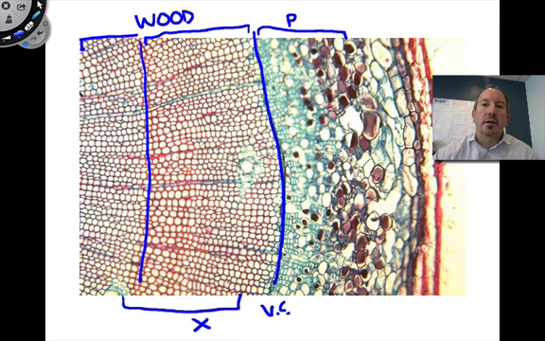And then over here, hard to see it, but right over here is the vascular cambium. This is the cork cambium. This is also meristematic. So let me go red with meristematic.